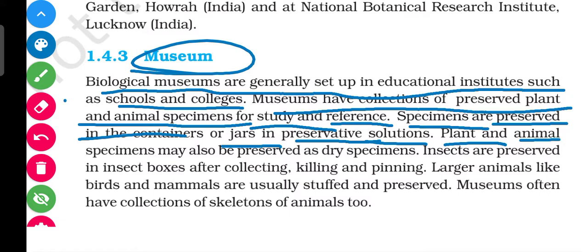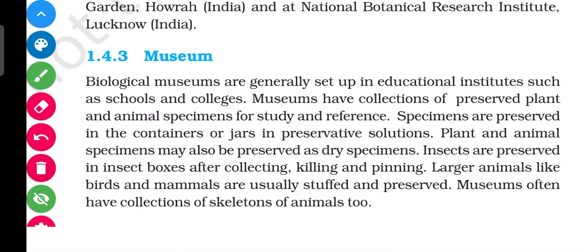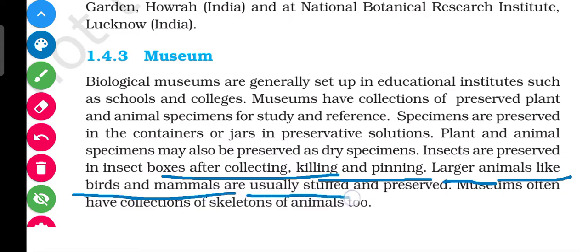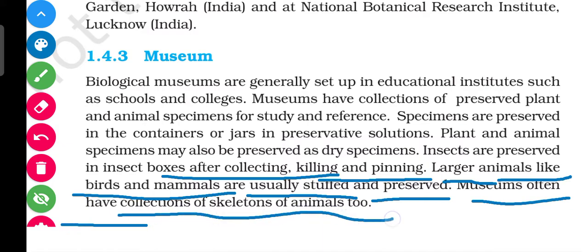Plant and animal specimens may also be preserved as dry specimens. Insects are preserved in insect boxes after collecting, killing, and pinning. Large animals like birds and mammals are usually stuffed and preserved. Museums often have collections of animal skeletons too.